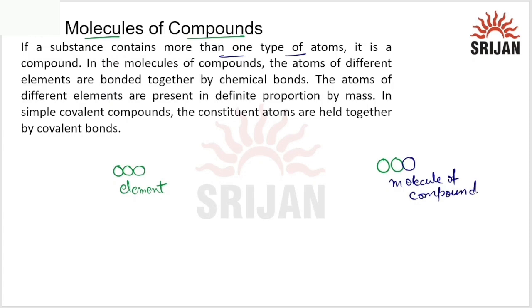So the atoms are different and they are bonded together by chemical bonds, that is ionic or covalent bonds. The atoms of different elements are present in definite proportion by mass, that is the law of constant proportion.